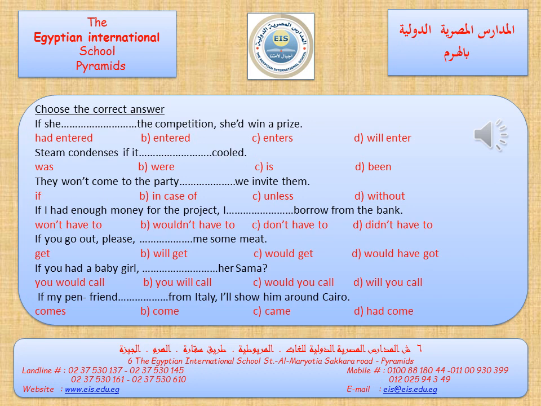I have a question for you. Had here, is it a main verb or a helper verb? Is there any difference between a helper and a main verb? Yes, there is a big difference between them. If it's a main verb, the tense will be past simple.